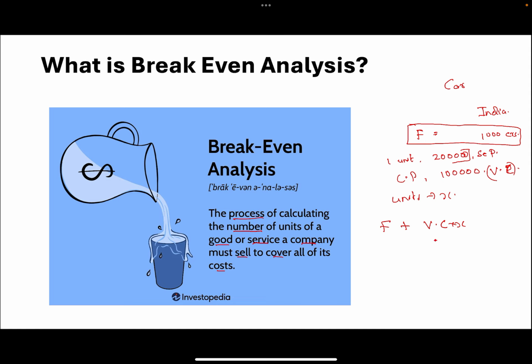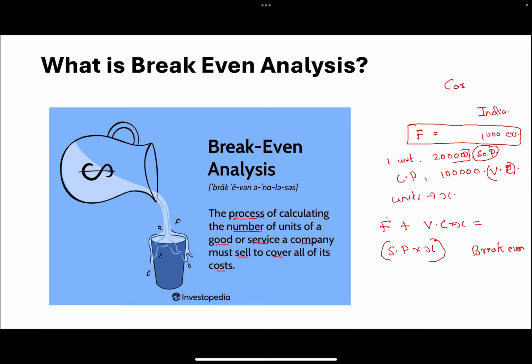And let this be the selling price, that is 20 lakh. So the total revenue it earns is selling price into X. When the total revenue you have got by selling the X units of vehicle is equal to the total cost, that is the fixed cost plus variable cost into X, then we say that we have achieved break-even.